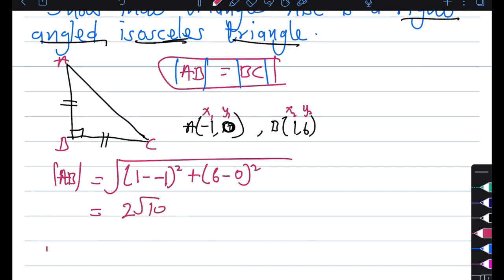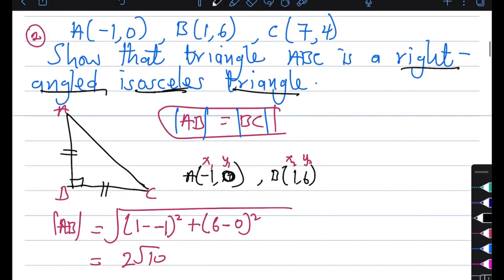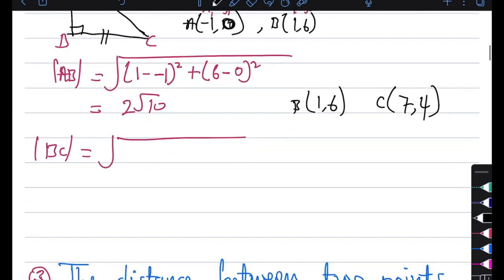Now let's deal with BC. What would we get? That will be the square root of, let's bring the coordinates of BC here. B is 1, 6 and C is 7, 4. So we can say that this is x1, y1, x2, y2.